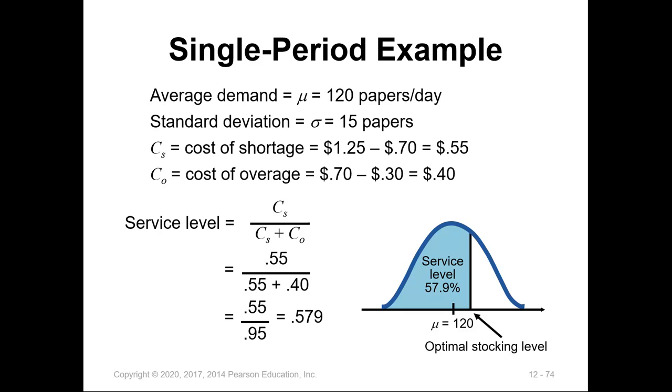Then the service level will equal cost of shortage divided by cost of shortage plus cost of overage, which is 0.55 divided by 0.55 plus 0.40, and that equals 0.579, or 57.9% level of service.